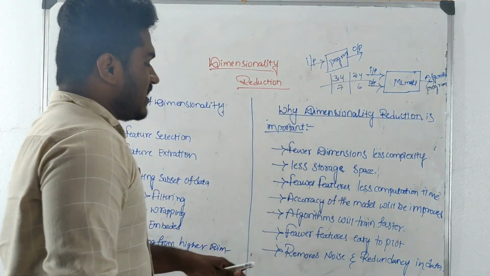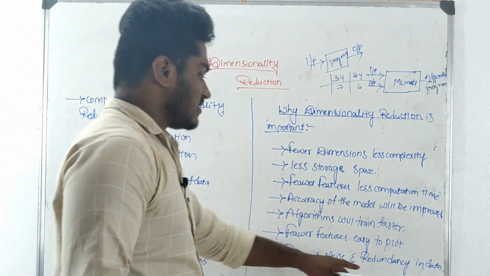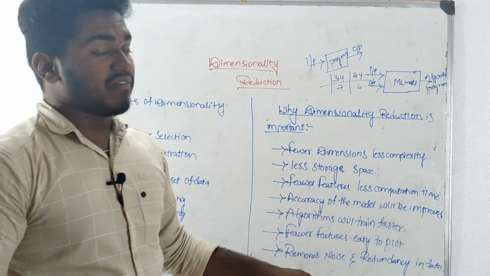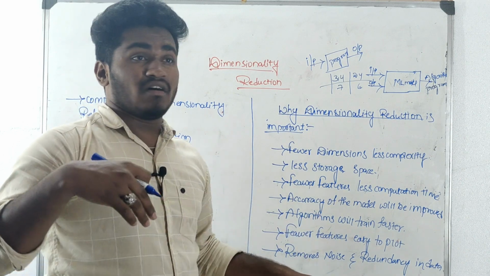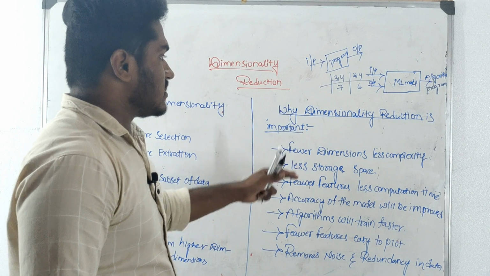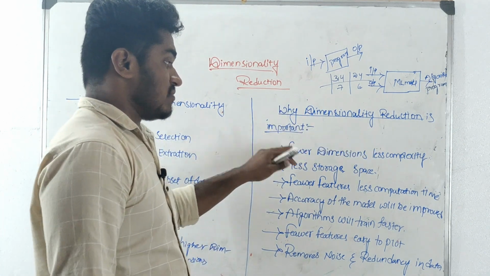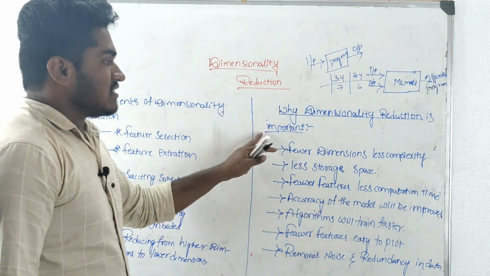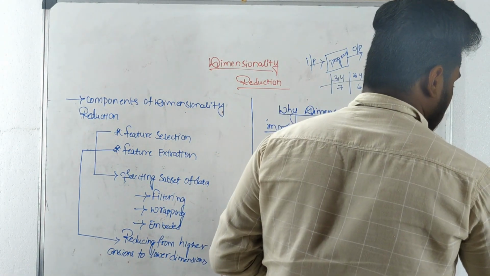Redundancy is nothing but the repetition of data, and noise is nothing but, whenever we have a vast amount of data, there might be a chance of misleadings, right? So that's what the noise is. So these are some of the advantages, or the importance, of dimensionality reduction.